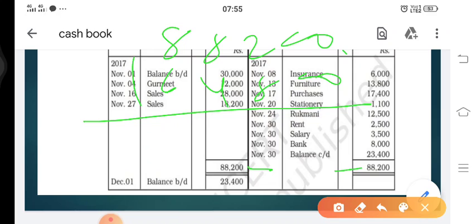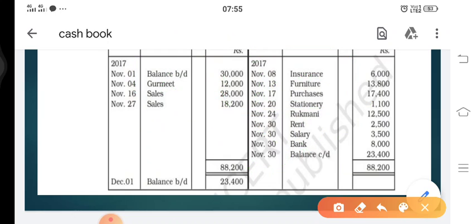We'll subtract this to find out the difference that should be written on the credit side, which comes to 0, 0, 12 minus 8 comes to 4, 7 minus 4 comes to 3, and 8 minus 6 comes to 2. So this is 23,400. As you can see here, 23,400 is our balance carried down.